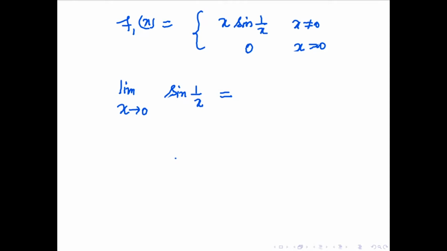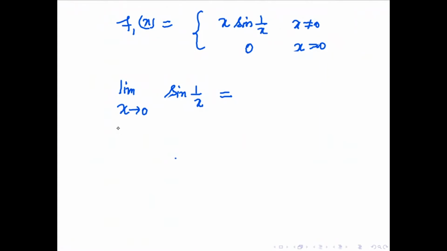So this is one way. Another criterion is that you can construct a sequence which goes to 0 because x goes to 0. You construct two different sequences and find sine 1 by x. If both have different limits, then you can say that sine 1 by x doesn't exist. By the sequence criterion also you can do it.